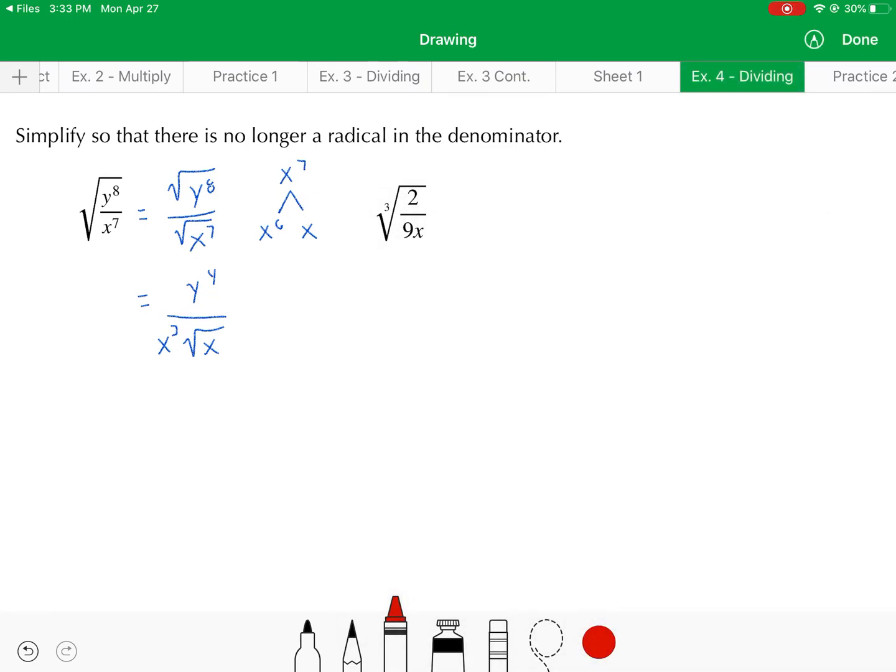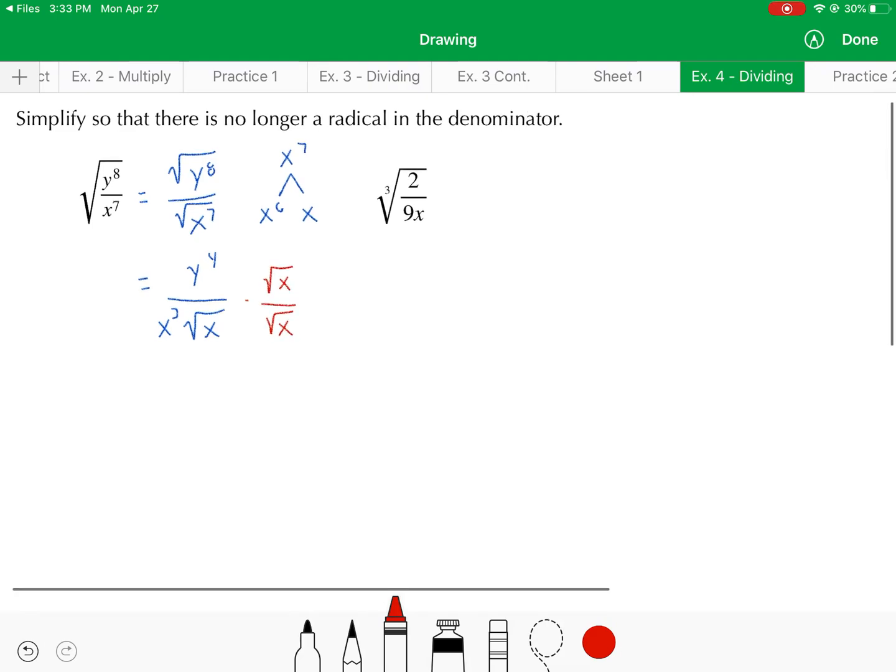I'm only focusing on the part of the denominator that's in the radical. So right now I'm focusing on the square root of x. I ask myself, what do I need to multiply that by to make the radicand a perfect square? And the answer is just square root of x over square root of x.